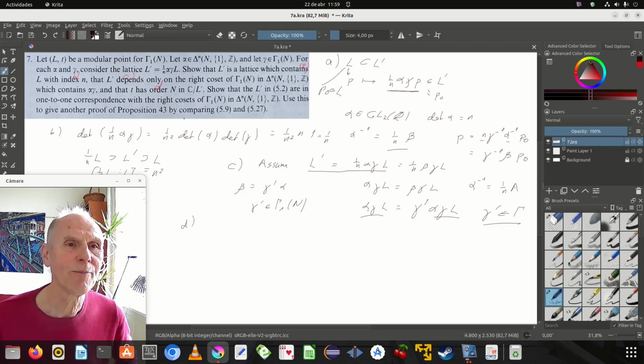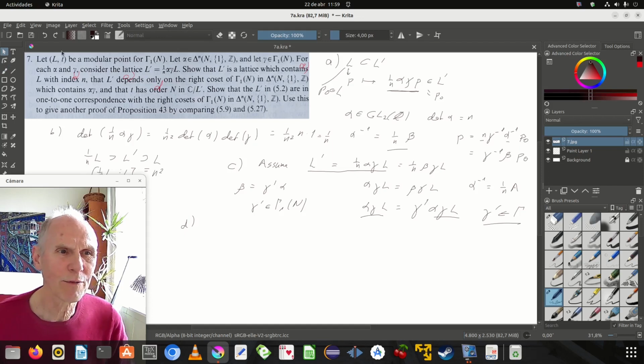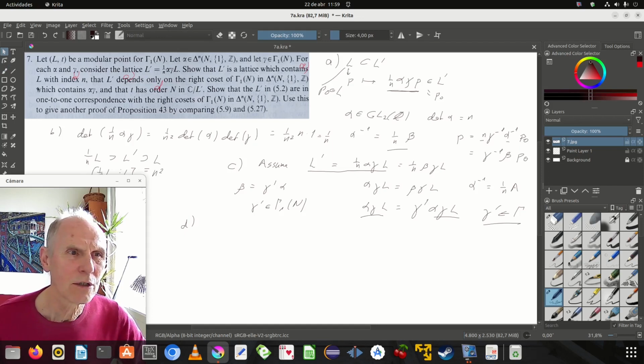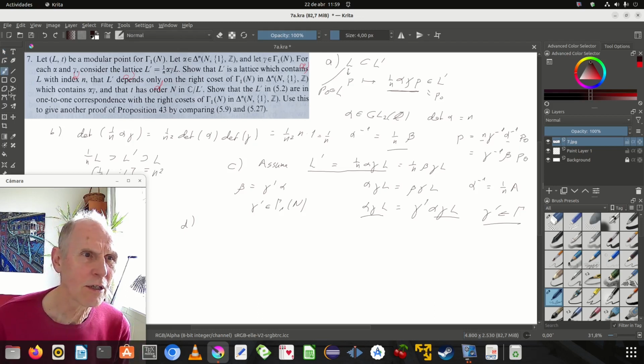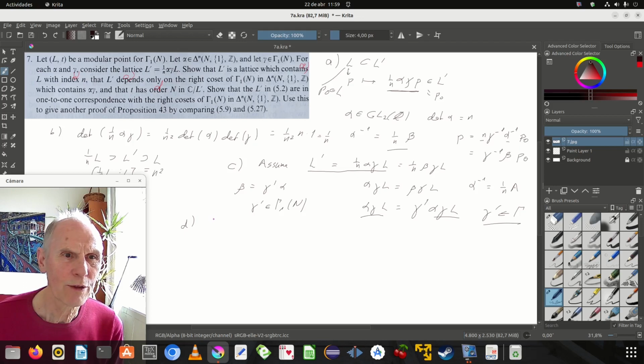Now D. Here we must use certainly that we are in gamma 1 of level n. So let's use a basis where the first one is nt and the other one may be whatever it wants. So that's the basis.